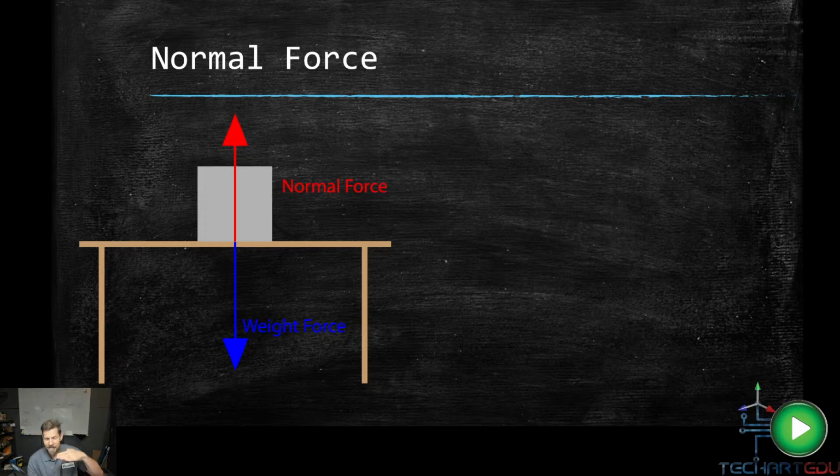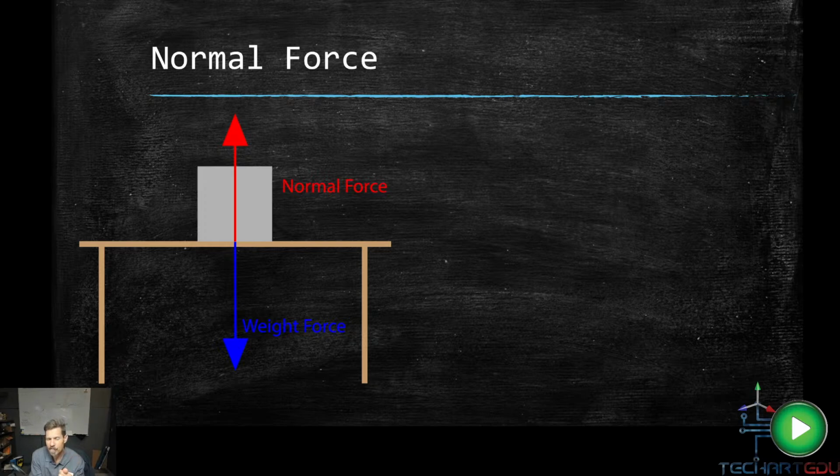But the ground is saying, no siree, Bob, we're going to prevent you, mean Mr. Gravity, from pushing Mr. Tech Art Teacher through the ground here. So the ground is actually pushing up in the opposite direction that gravity is pulling you down. Remember we were talking about it's not the speed that kills you, it's the splat. Well, that splat is the ground saying, no, we're not going to let you go to the center of the Earth. We're going to push against you.